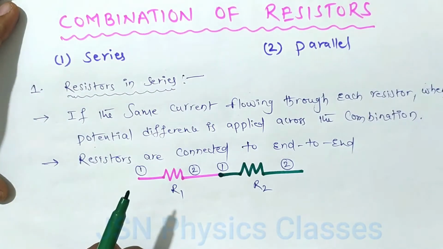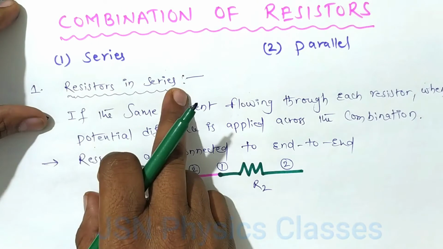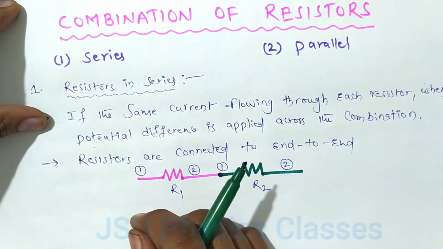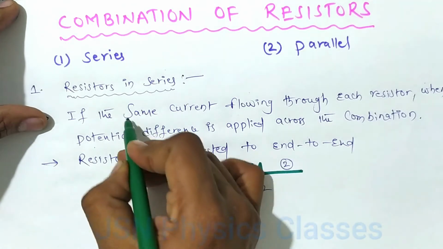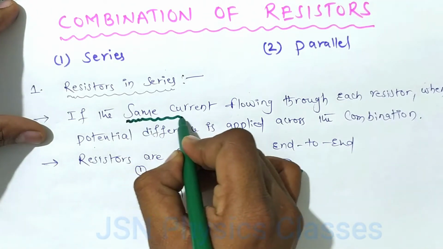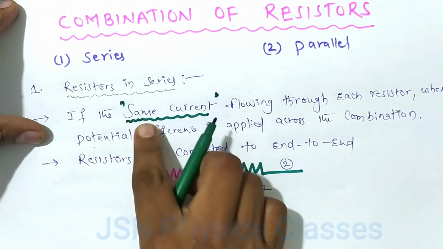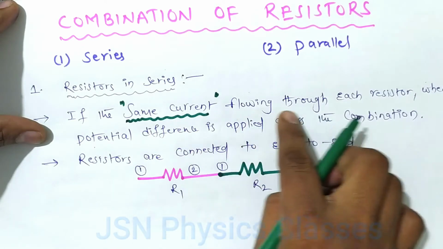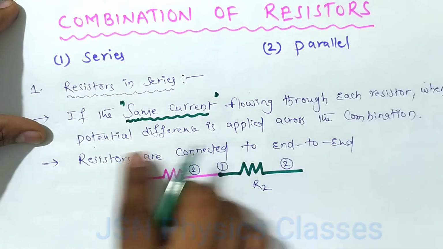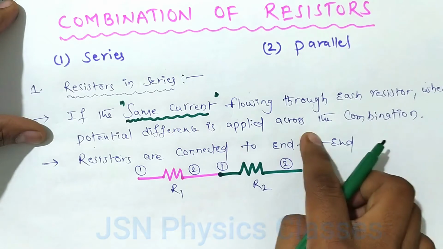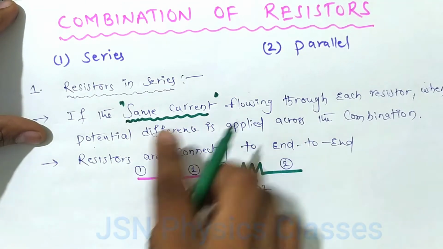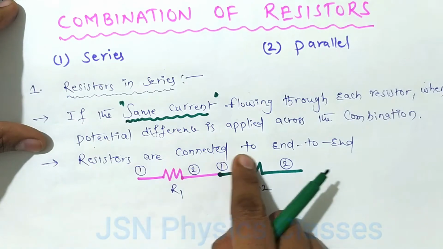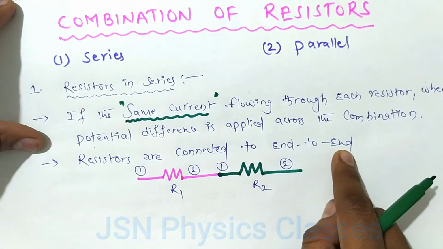Resistors in series. When the resistors are in series, that means the same current, this is very important, the same current flows through each resistor when potential difference is applied across the combination. Or you can say resistors are connected in end-to-end connection.